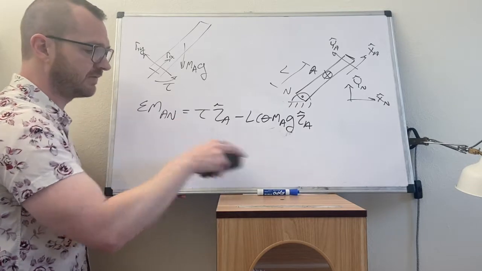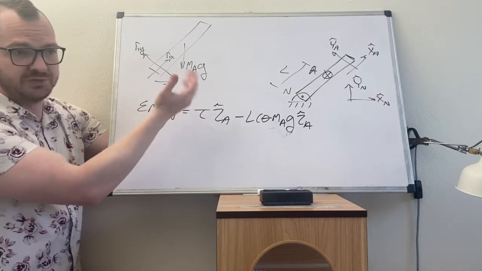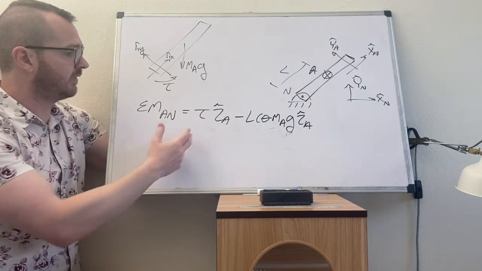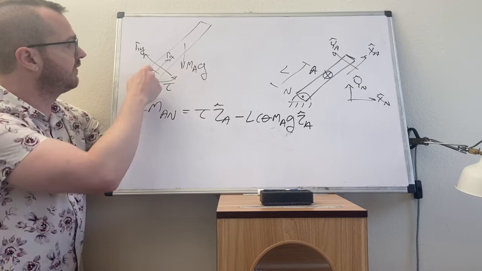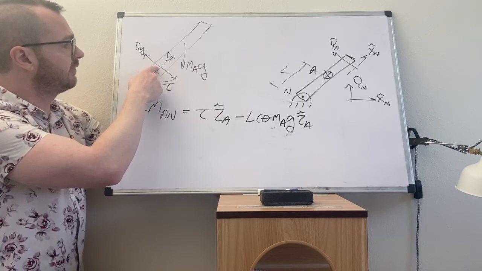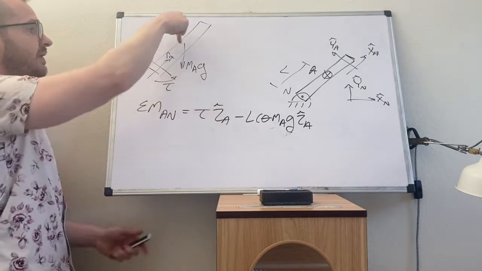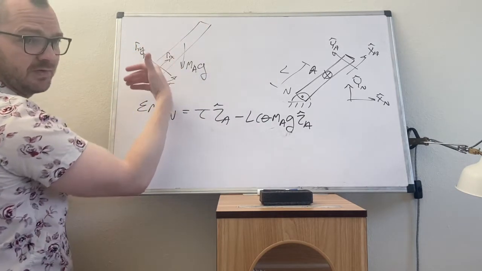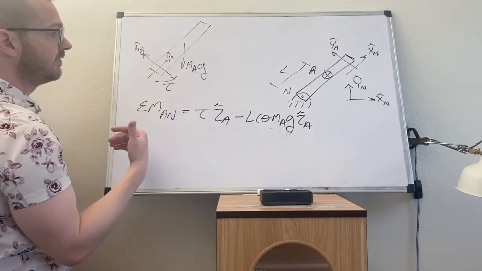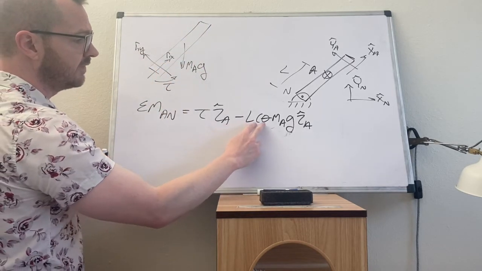Now let's see if this makes sense. Again, the torque is generating a positive moment, so that would create a positive spin. And about this pin joint, if this object were floating in space and the gravity created a moment, it would want to make this spin in a negative direction, right? It would create a negative moment about it. So negative cosine theta.